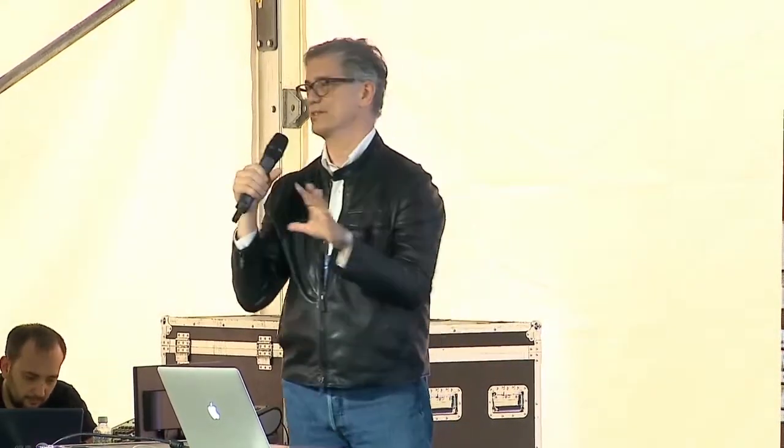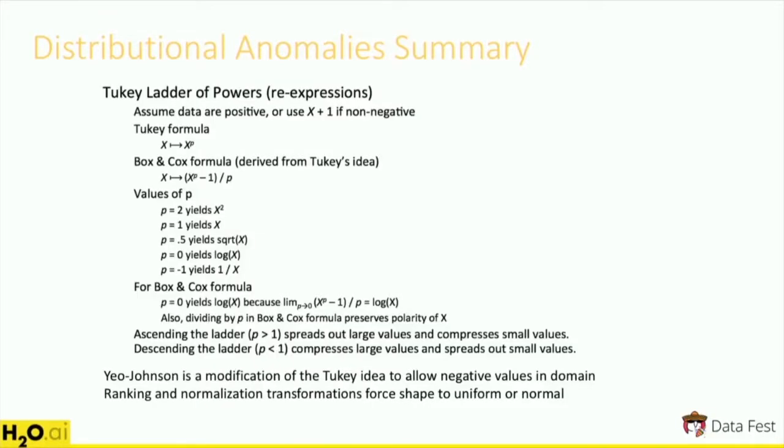Now, what we're talking about here is called the Tukey ladder of powers. John Tukey, perhaps one of the three greatest statisticians of the 20th century, devised this formula: x goes to x to the p power. And p determines the degree of shift in the transformation.